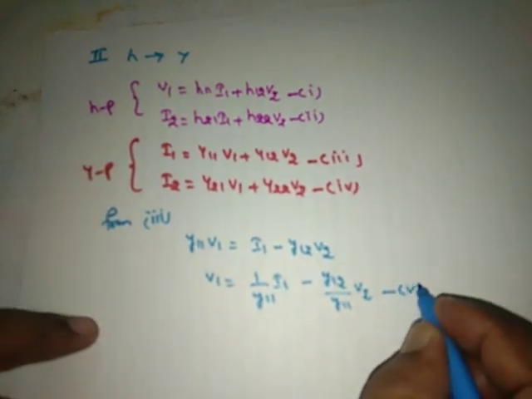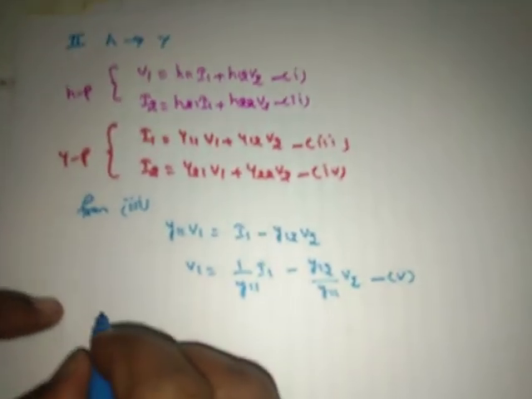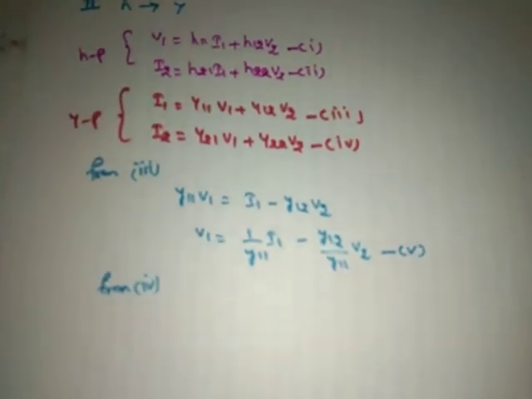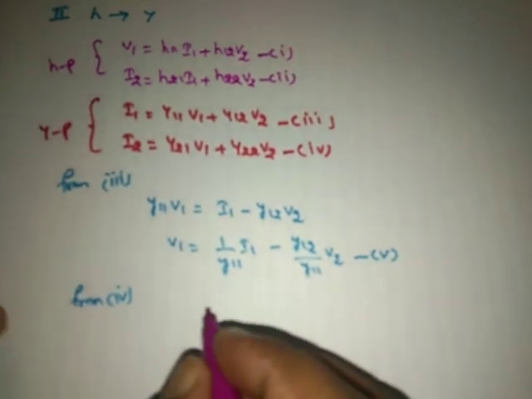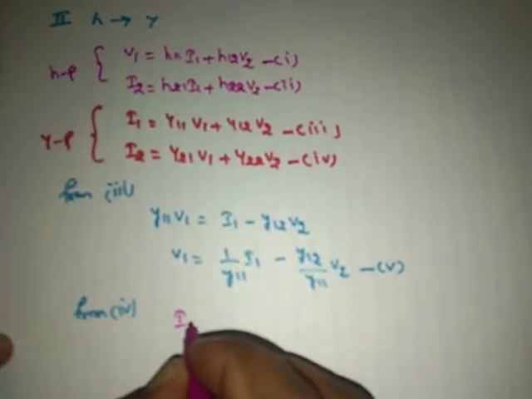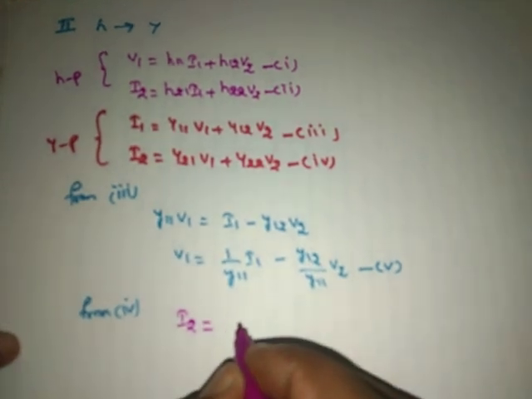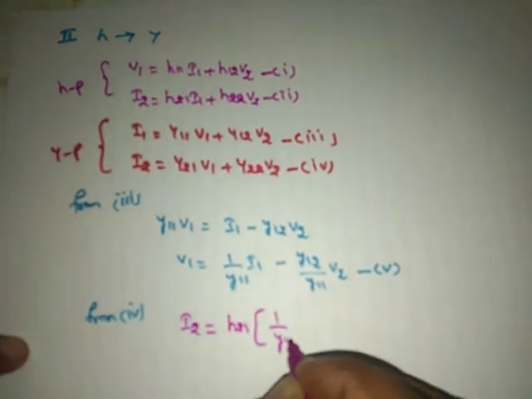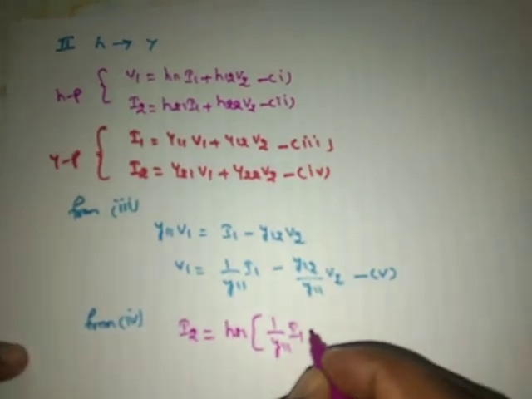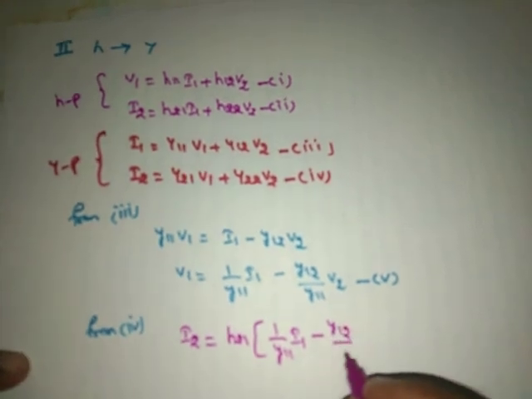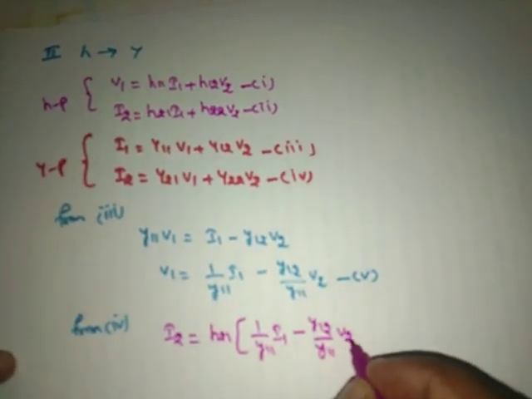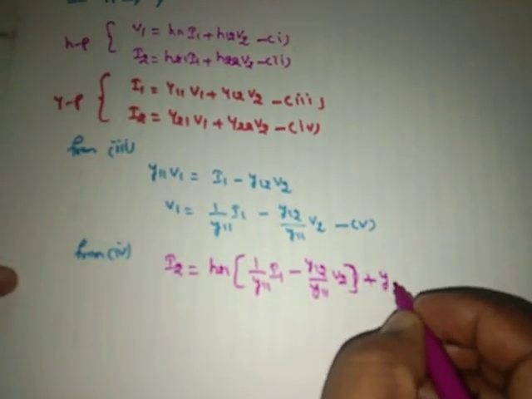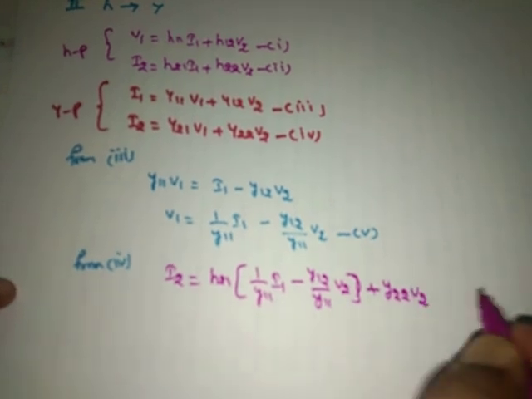This is equation 5. Now from 4, I2 is equal to H21 into V1. Substitute V1, 1 by Y11 I1 minus Y12 by Y11 V2. That is V1 value plus Y22 V2.